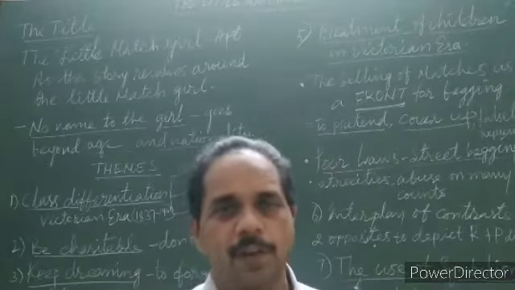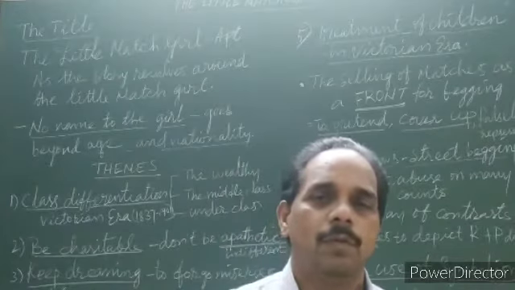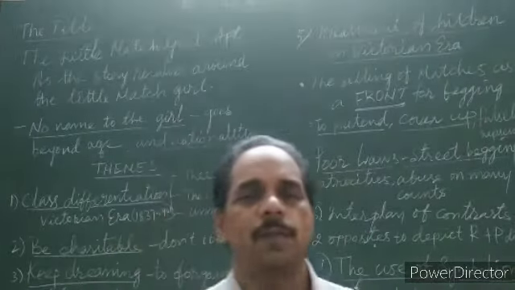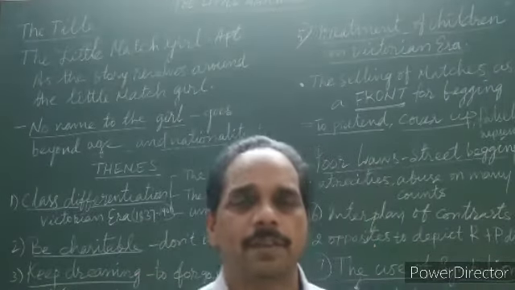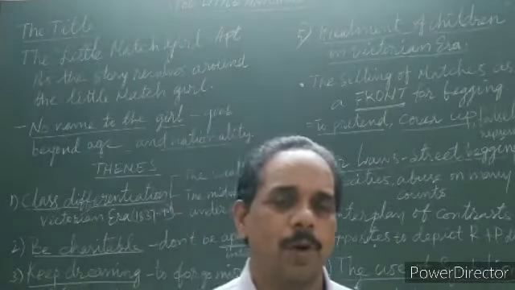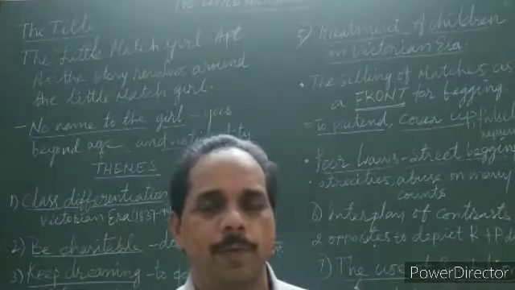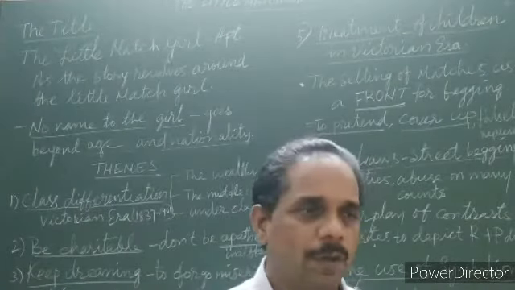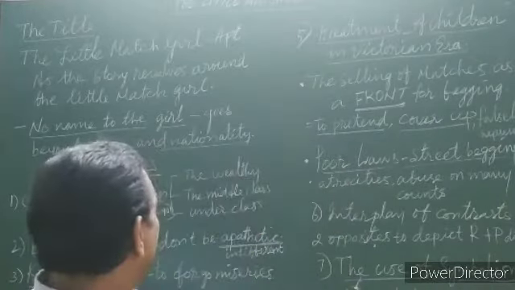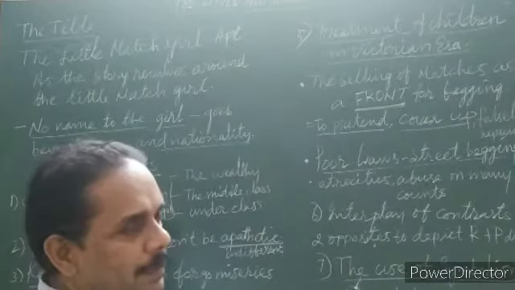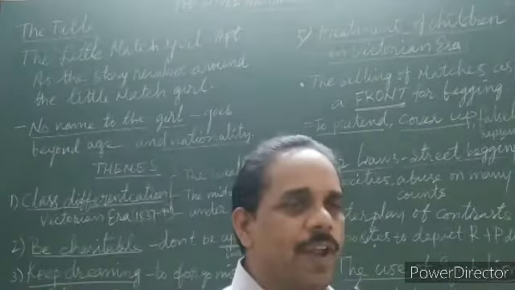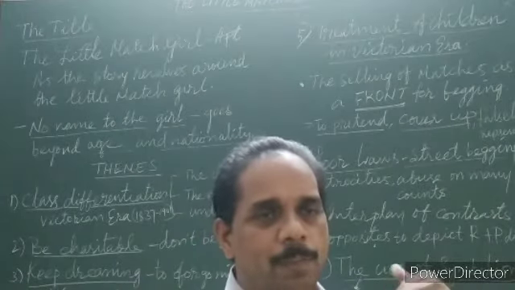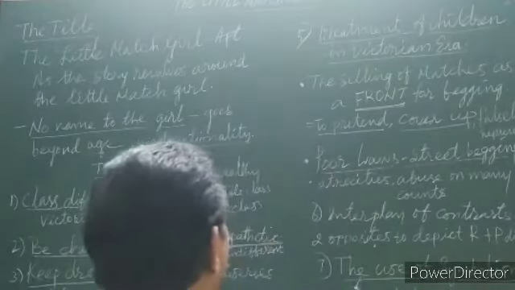Already we saw in the introduction how Anderson was a victim of class differentiation when he was born and brought up in the village where he lived, and he had to struggle through it. So this class differentiation means differences in different classes. So that is depicted as a theme.